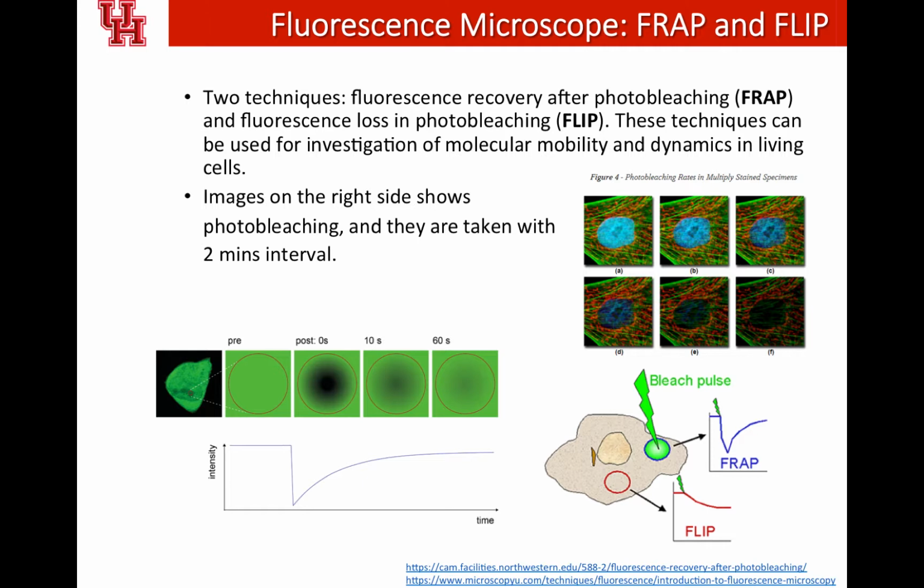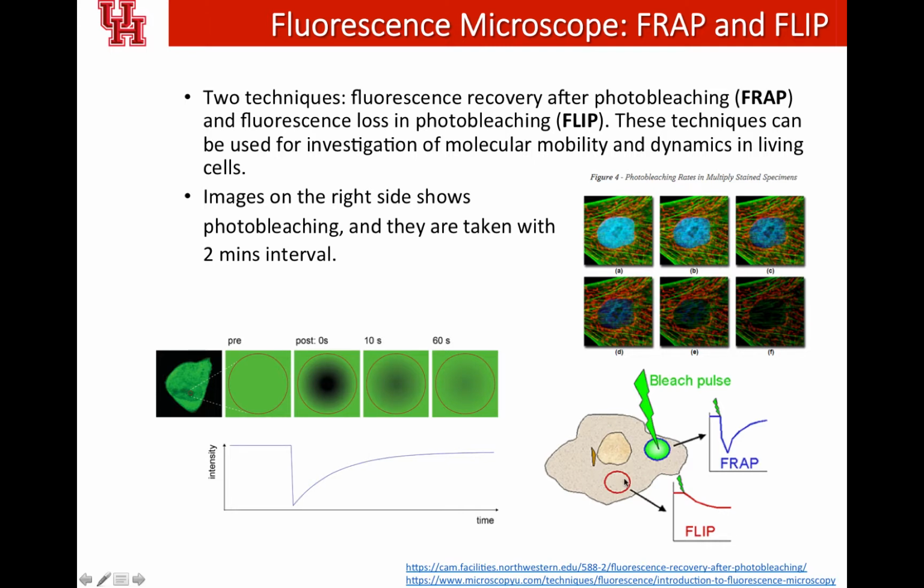And FLIP's full name is fluorescence loss in photobleaching. The figure at the bottom right shows you FRAP and FLIP. FRAP means you deplete this area, so you see the decrease and then coming back. FLIP means you look at another region. When you deplete a certain region very close to the region you are interested in, you will see a slow decrease of fluorescence intensity, which is caused by diffusion.